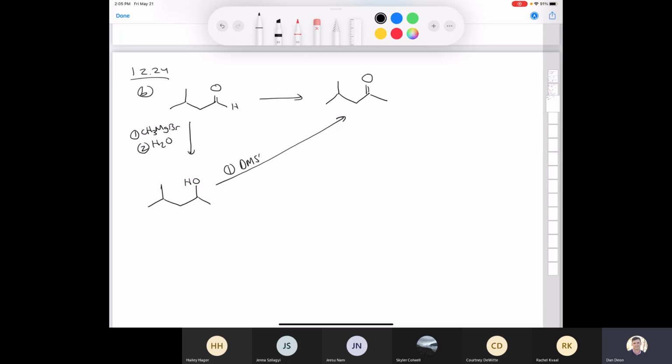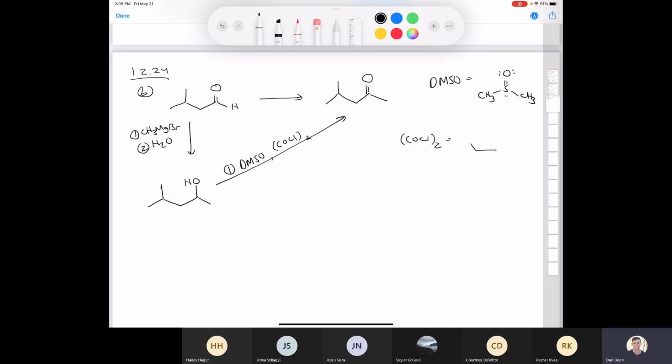So dimethyl sulfoxide, you guys know what DMSO is, right? It's this, dimethyl sulfoxide. Draw a proper Lewis structure. Dimethyl sulfoxide, oxalyl chloride, which is COCl2. So oxalyl chloride is this.